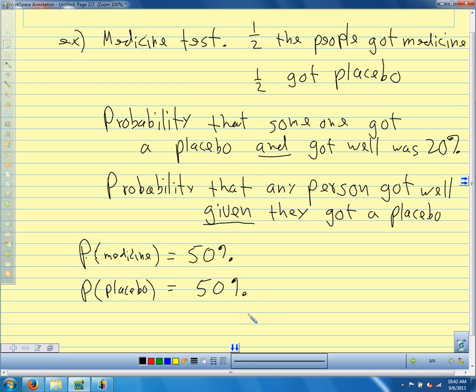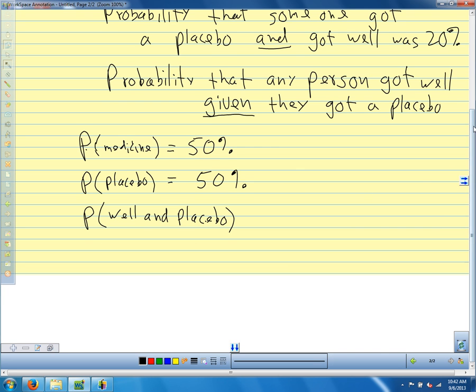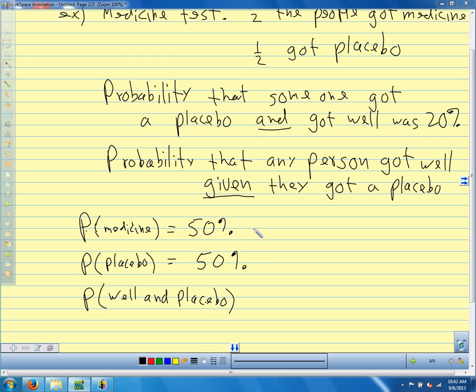So I'm trying to use fewer words. I'm going to say probability of well and placebo. So that's the other thing that we have here. What's the probability that they got well and got a placebo? 20%.